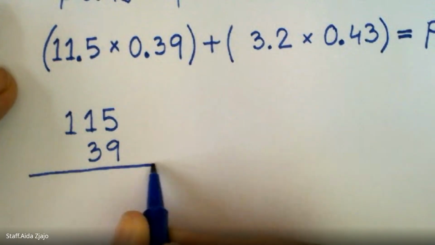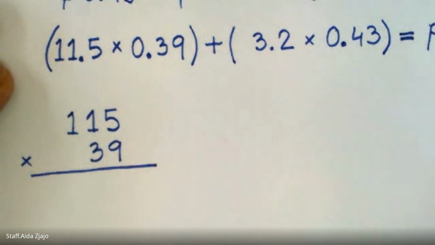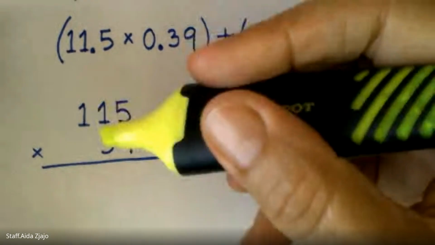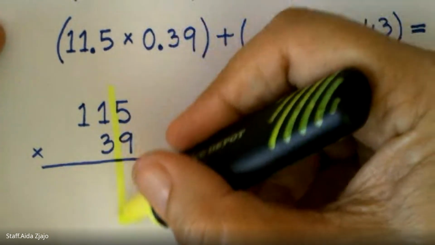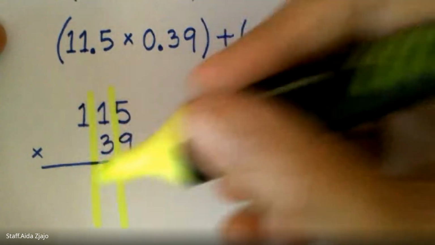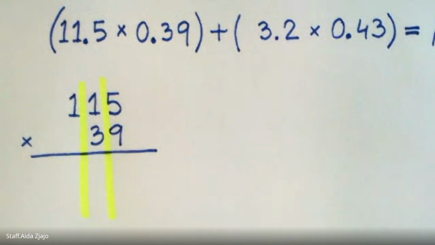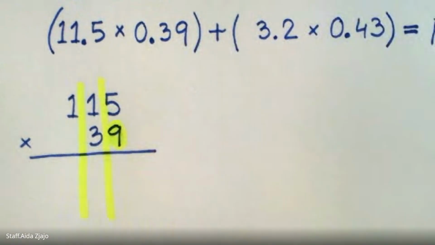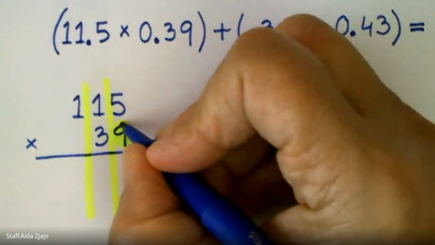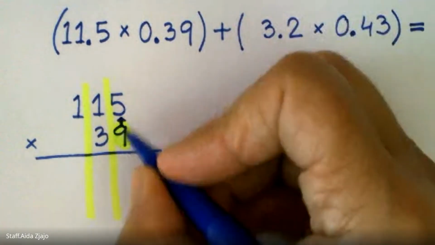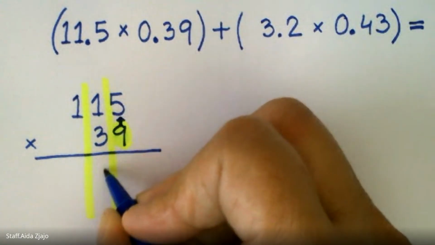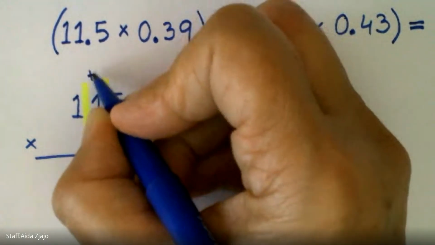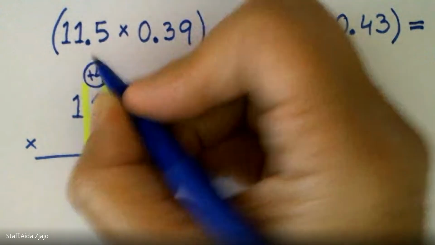Now we're going to use the standard algorithm to multiply. I like to use a line to help me keep track of numbers. So I'm going to do 9 times 5. 9 times 5 is 45. 5 stays, and I will remember 4 tens.